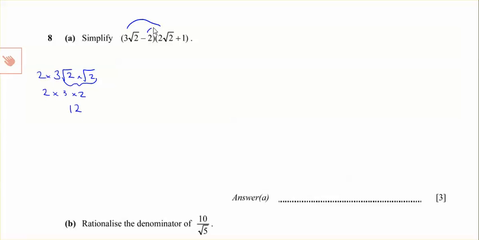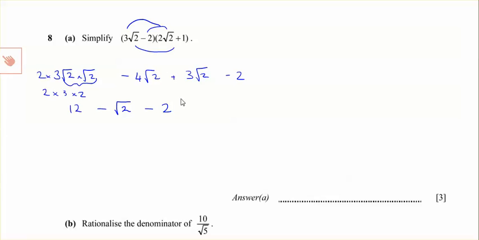Okay. Then we've got minus 4 root 2 plus 3 root 2. Okay. Minus 2. Okay. So we've then got 12 minus root 2 minus 2.